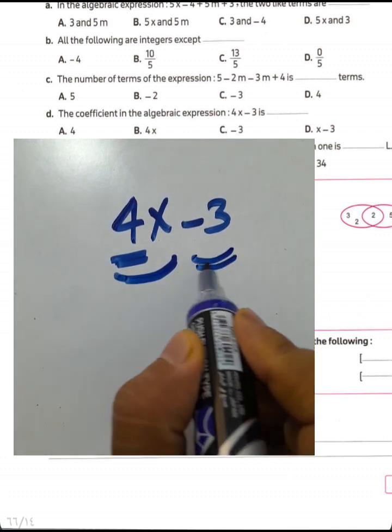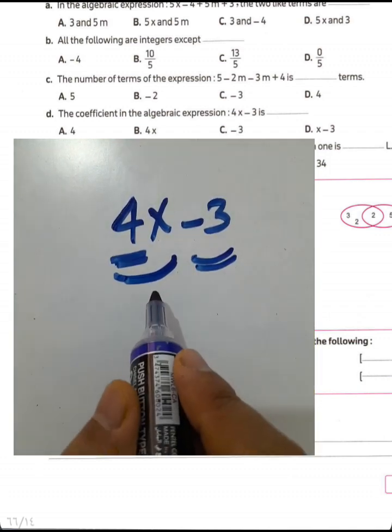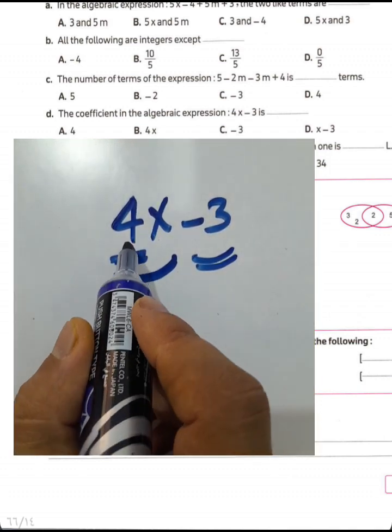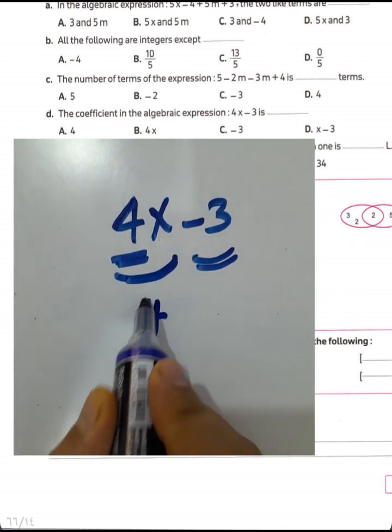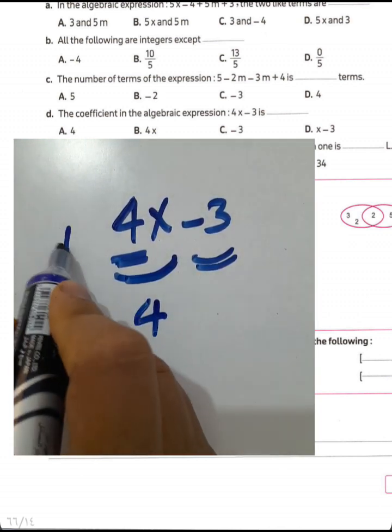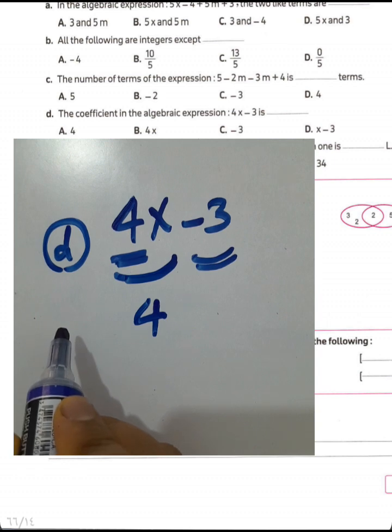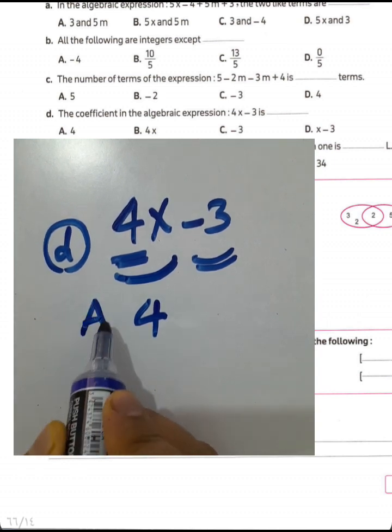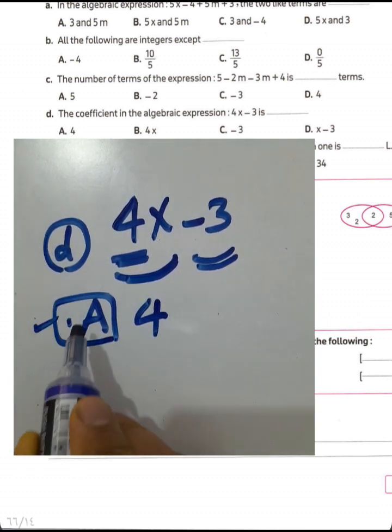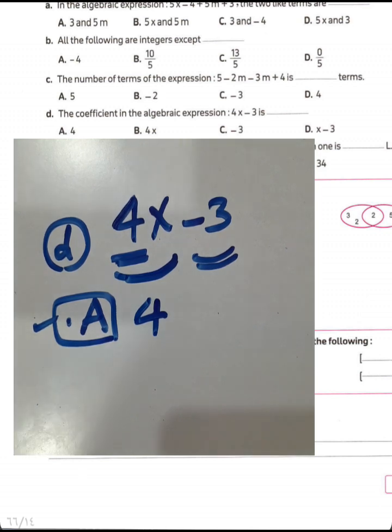Negative 3 is the constant. He asked about the coefficient here, and it will be 4. Choose letter A for question letter D. The coefficient in the algebraic expression 4x minus 3 is 4.